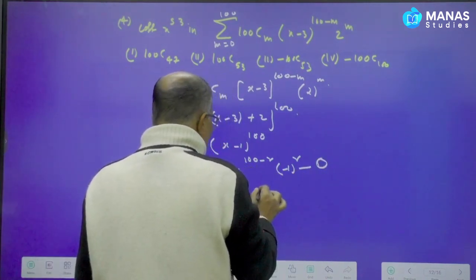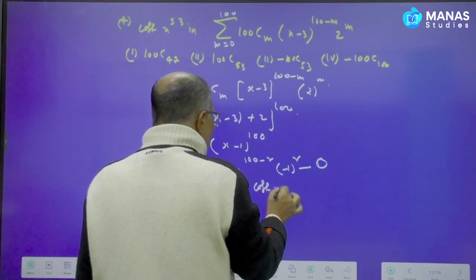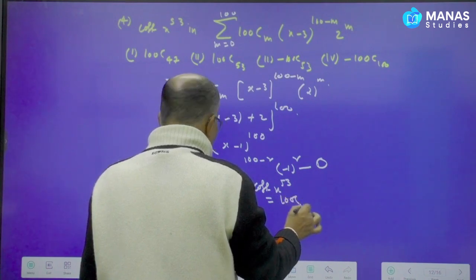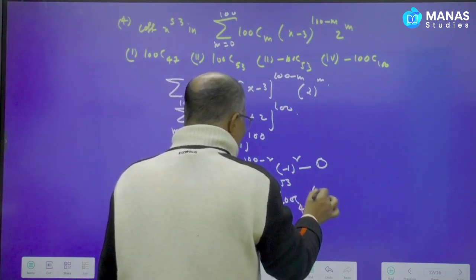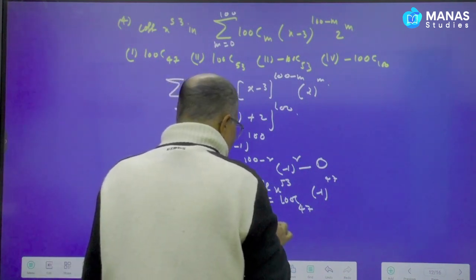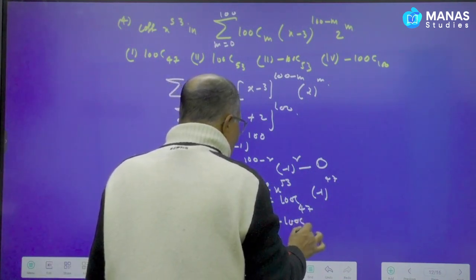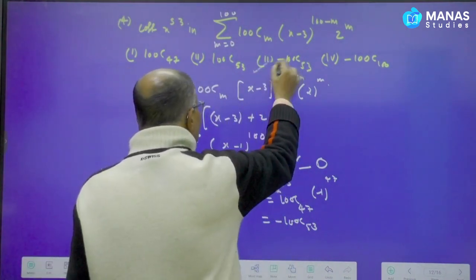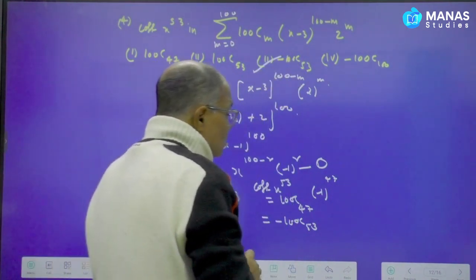We get the coefficient of x to the power 53 equal to 100c47 multiplied by minus 1 to the power 47, which is minus 100c53. That is the correct answer. Second option is the correct answer.